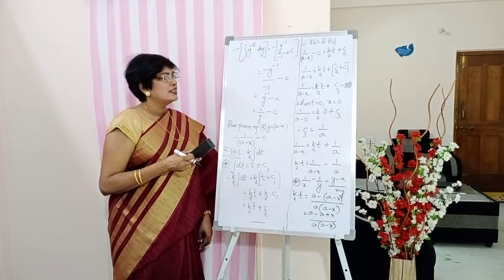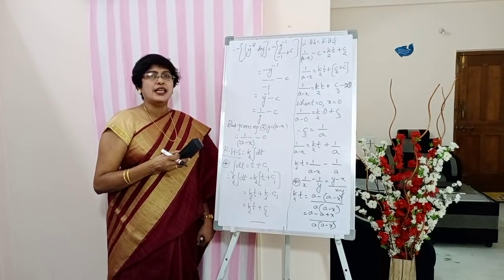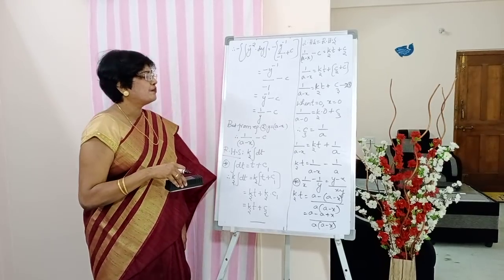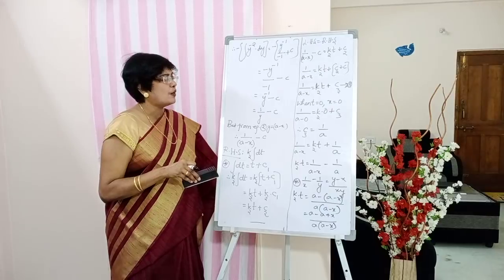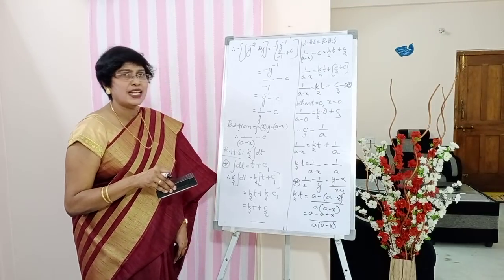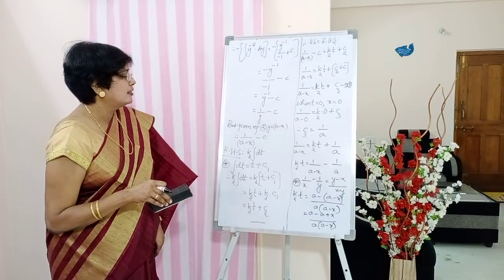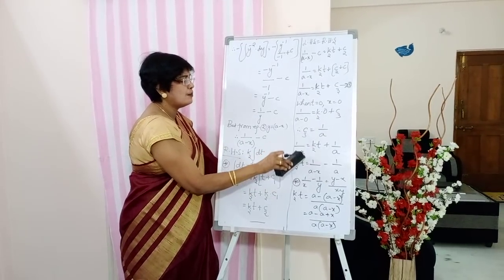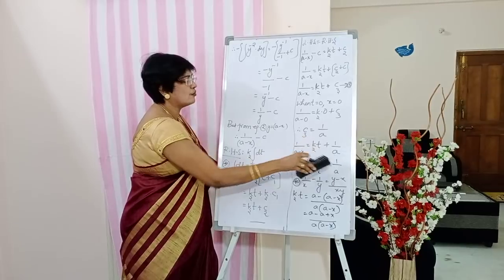Therefore, c3 value will be equal to 1 by a. Now what should we do with the c3 value? Substitute in equation 3. So 1 by a minus x is equal to k2 into t plus 1 by a. Therefore, k2 into t is equal to 1 by a minus x minus 1 by a.